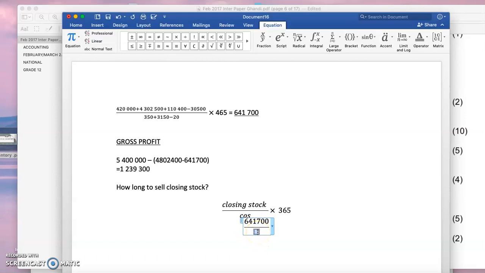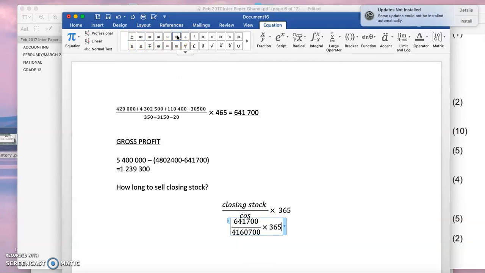I said our cost of sales is basically the difference of all the stock during the year, all the stock movements minus our closing stock. So if you do this minus this, you should get an amount of 416,700. I think that's right. I'm not entirely sure.